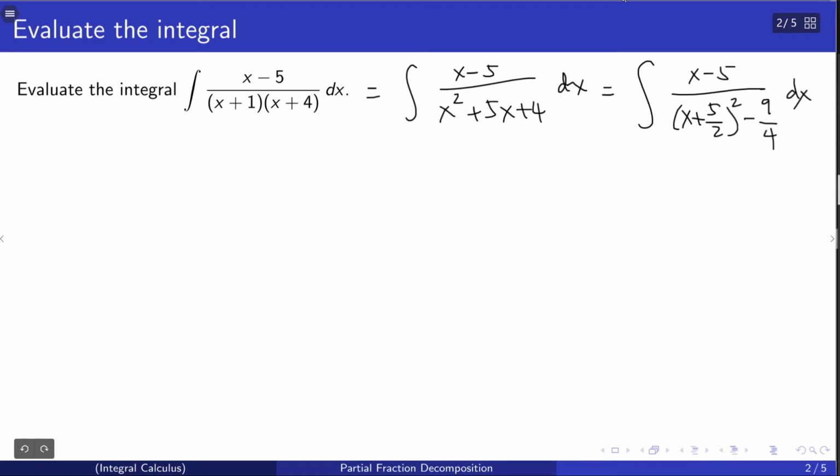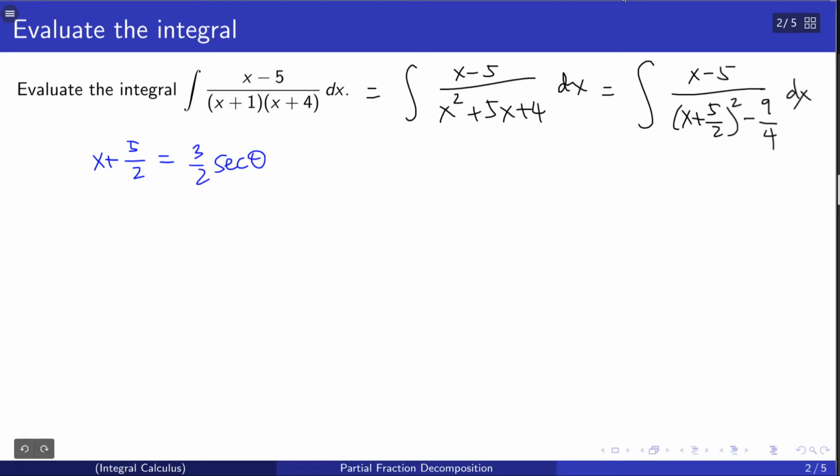Right? And so the denominator here is in the form x² − a². Where instead of x, we have a translate of x, but it's the same thing. We can actually use a substitution. x + 5/2 is equal to 3/2 secant θ.